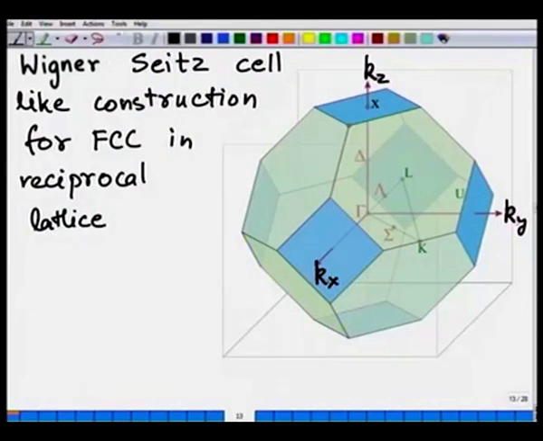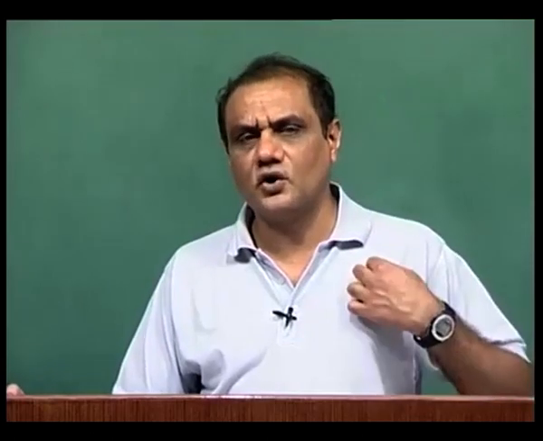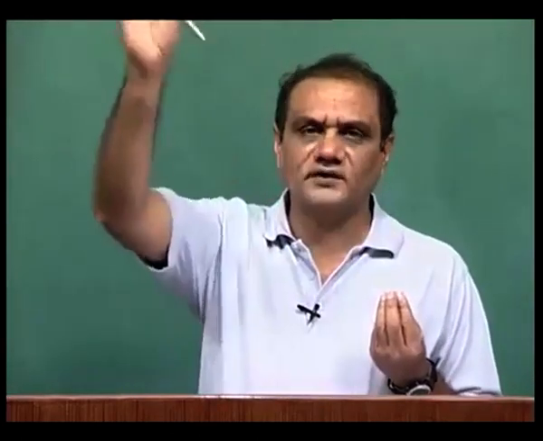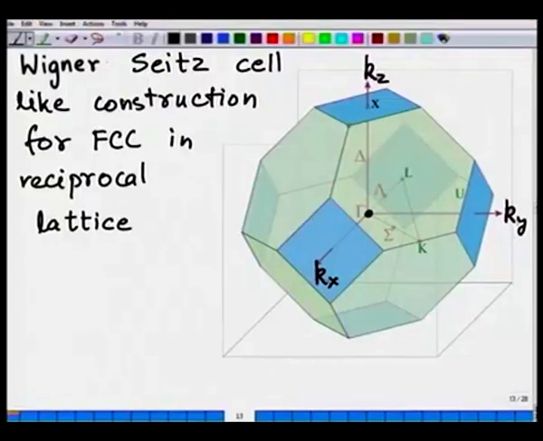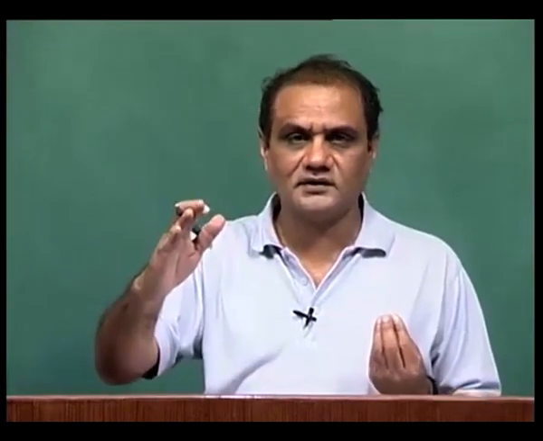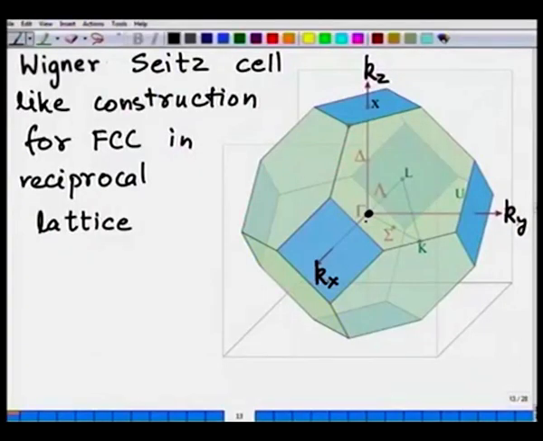The construction again is the same. Take the BCC reciprocal lattice, take one lattice point, and from this point you have chosen, draw lattice vectors to all the infinite number of lattice points. Then draw perpendicular bisector planes to them, and the smallest volume that forms will have this shape, and obviously the lattice point will only be in the center, and no other lattice point will exist.